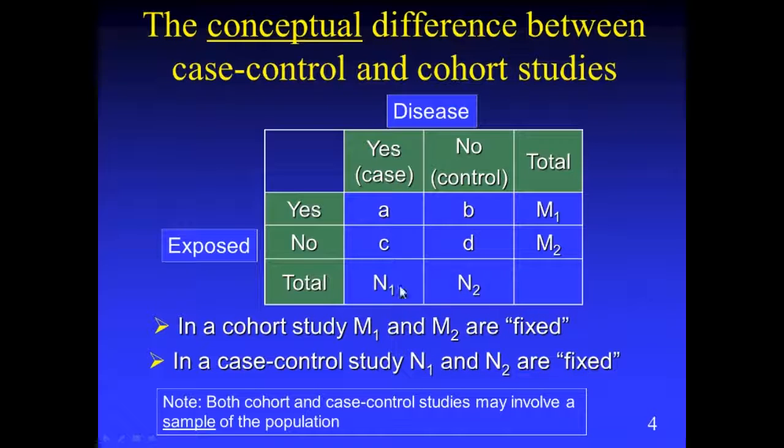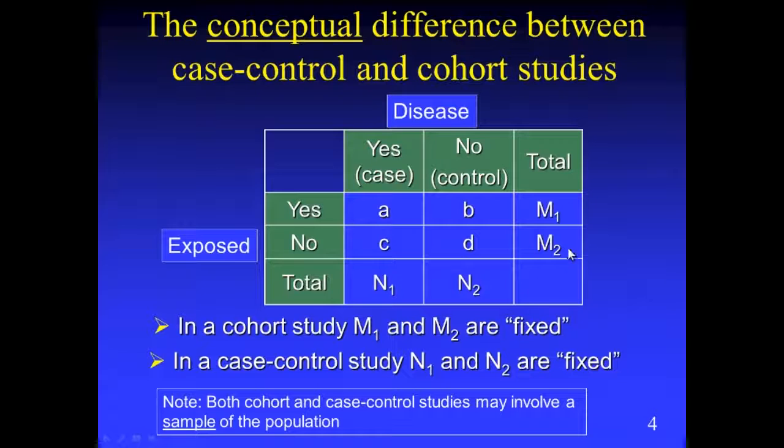We're fixing the number of cases of the disease, and also the number of non-cases, or controls, as we normally refer to them in a case control study. So it's just looking at the same population from a different angle, but our sampling strategies may be different.